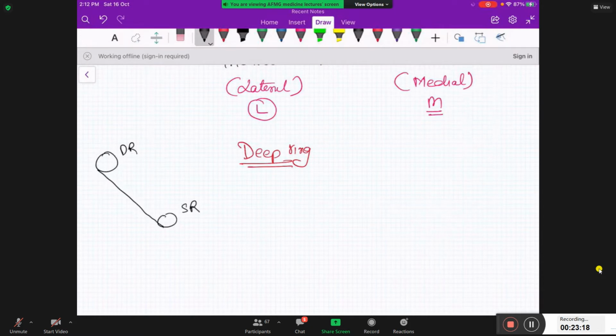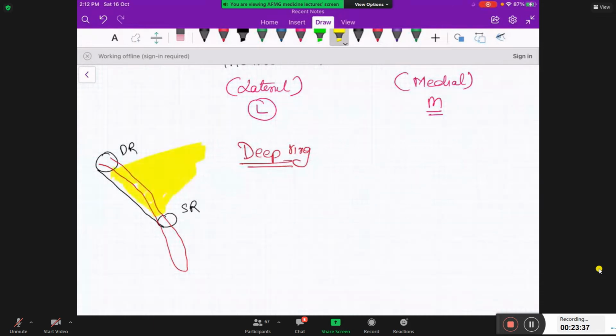If a hernia is coming out through a deep ring, it is an indirect inguinal hernia. If a hernia is coming out through this triangle, this triangle is called Hesselbach's triangle.